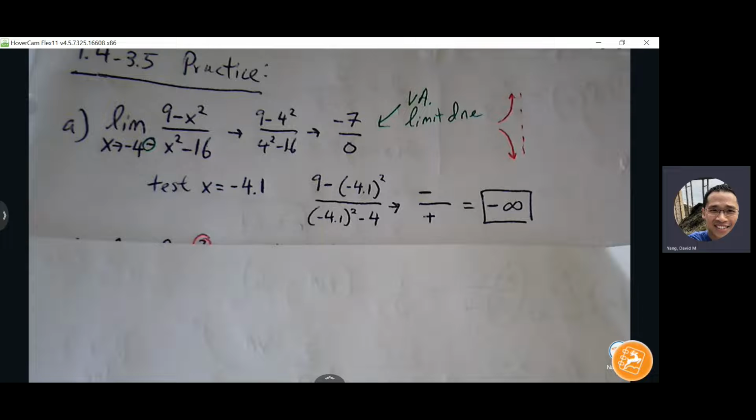Okay, try part B. For the vertical asymptote.